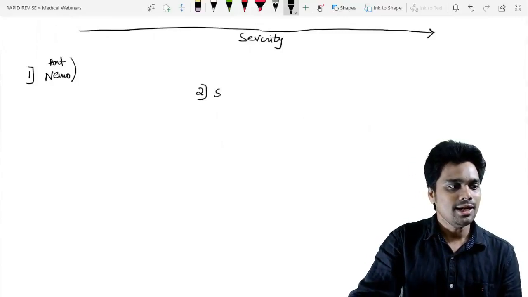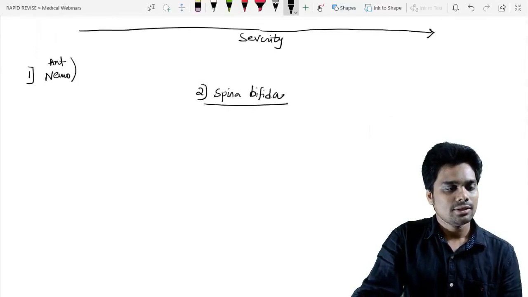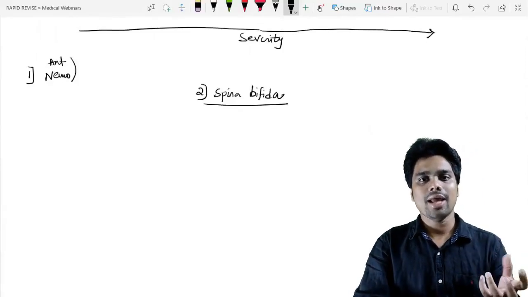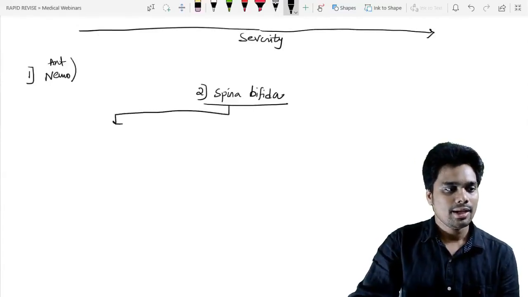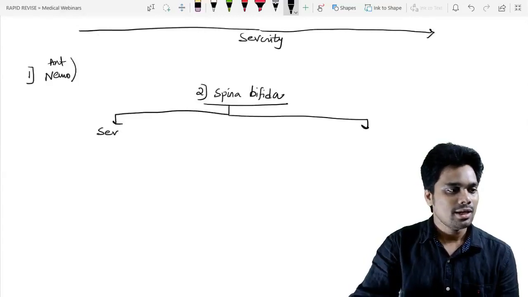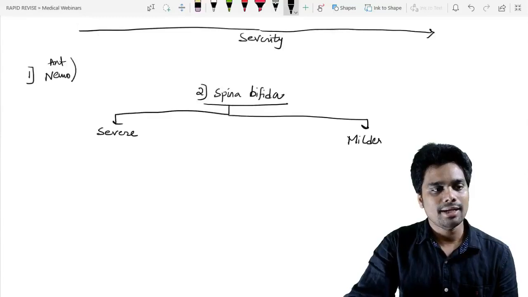Now, the second entity is spina bifida. So spina bifida, the name itself says the spinal cord has bidivisions, that is, a double division. So now you see it has two divisions again. Spina bifida occurs both in a severe form and also a milder form.